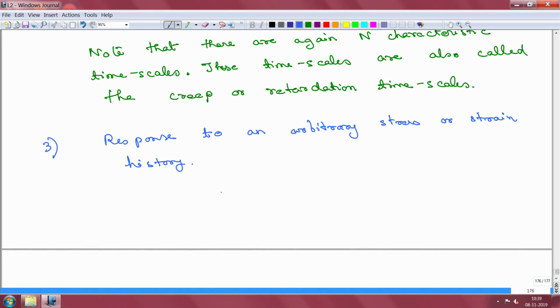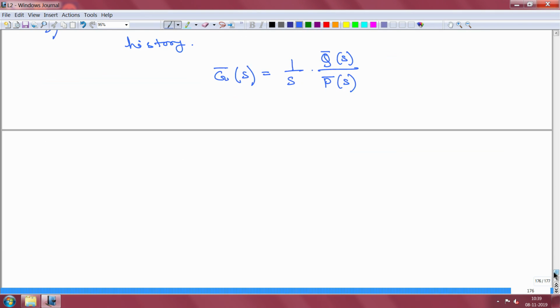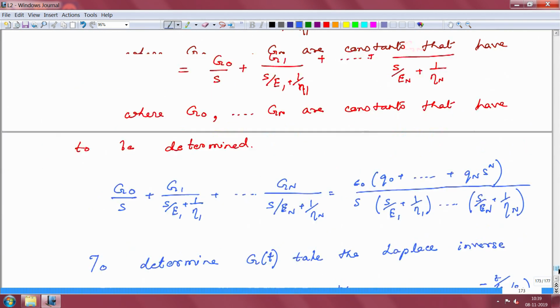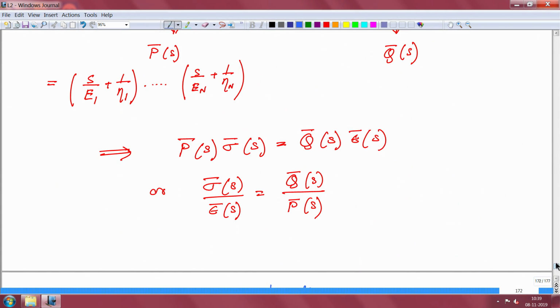So, we saw that you can define a Laplacian which is 1 by s times q bar of s, and when we take the Laplace inverse of this, we end up getting the stress relaxation function, right. And we also know that this particular relationship is also true, right.